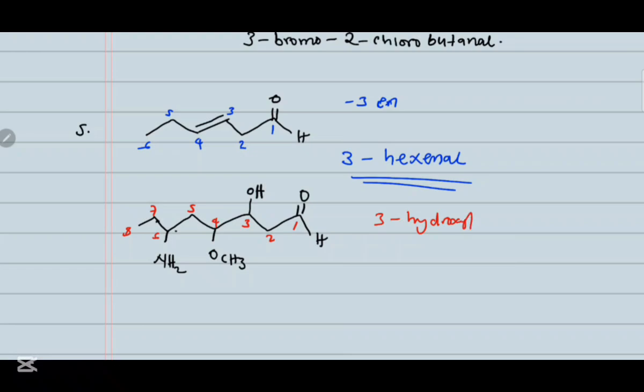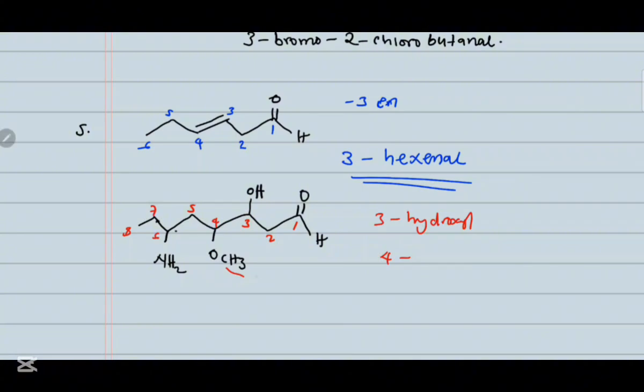What else? On carbon number 4, again we have a side group: 4-methoxy. These are ethers, so this one is called methoxy. If it had 2 carbons, it was supposed to be called ethoxy.